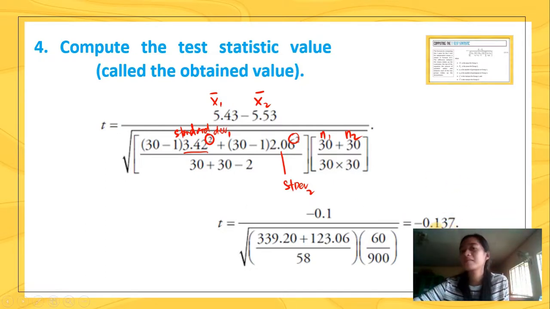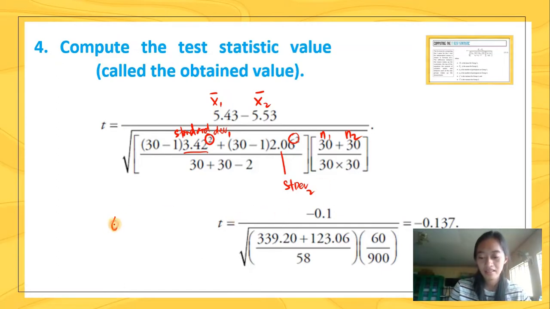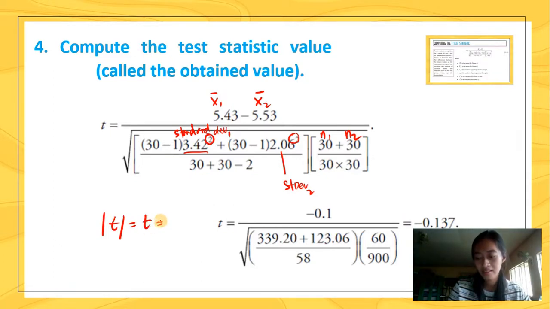So remember that in your SLHT on page 4, it is said that when a non-directional test is discussed, you might find that the t-value is represented as an absolute value looking like this. That would be like t is equal to absolute of negative 0.137. So, that's 0.137.